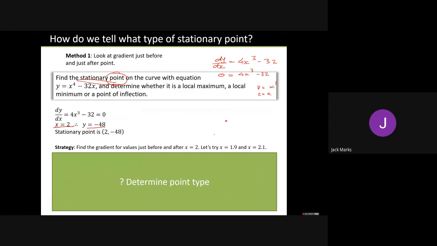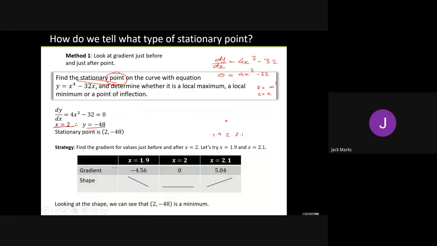Let's try 1.9, 2, and 2.1. Okay. If we plug 1.9 in to the gradient function, we will get a negative.